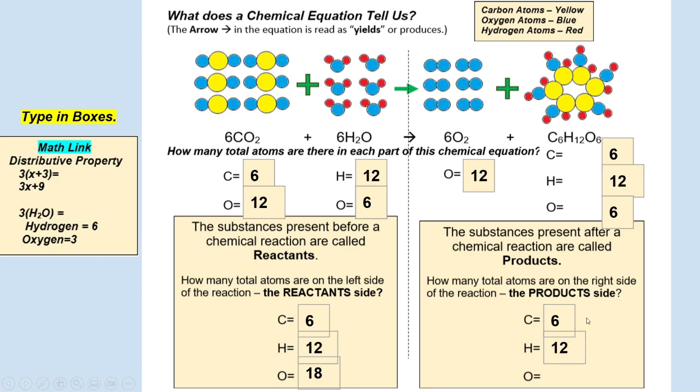So, conservation of mass: even though a reaction has occurred, you still have the same number of atoms in your products as you did in the reactants. They're just moved around to create a new substance.